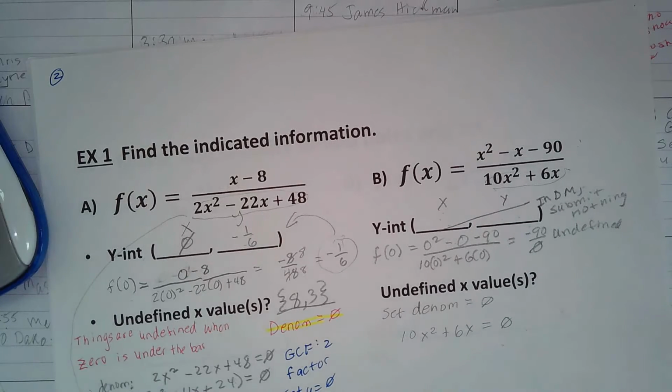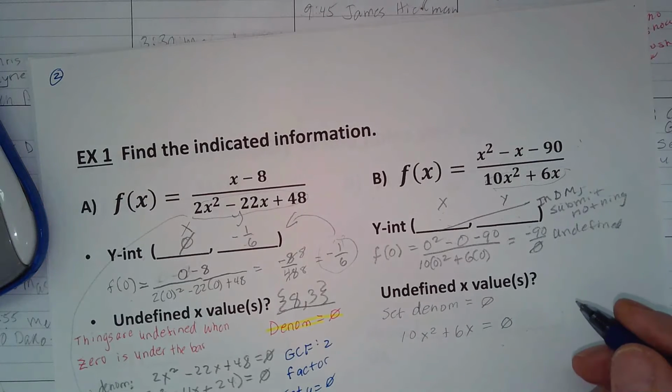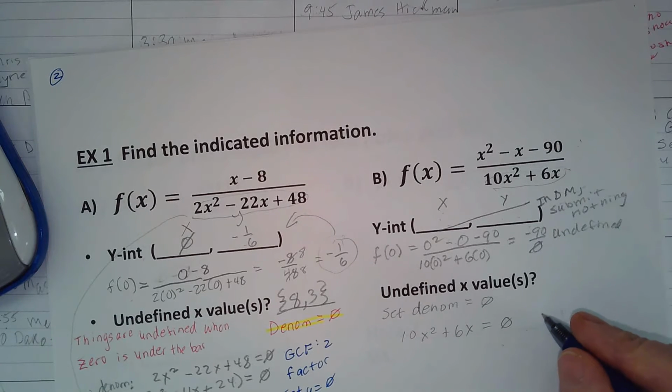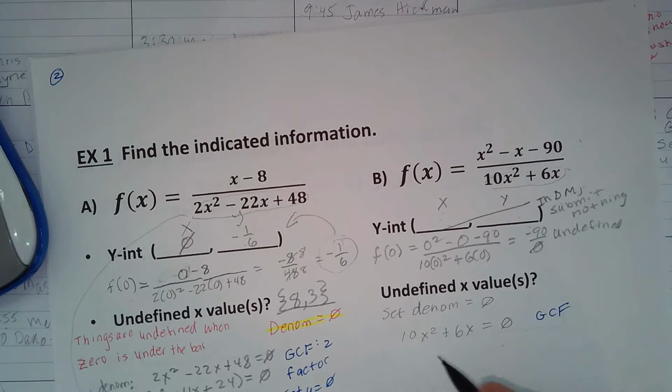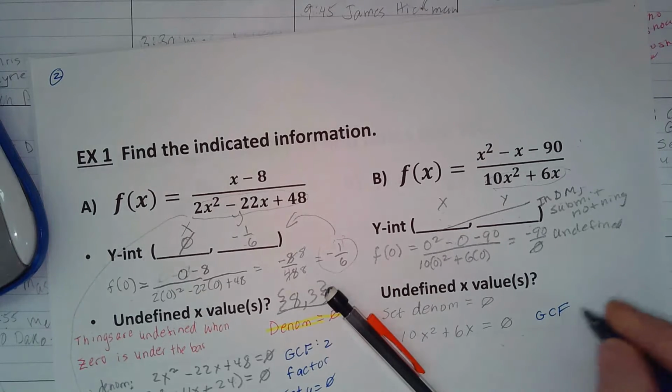Now we can take the GCF, right? So GCF this, and it looks like we can take 2x out of this. So GCF is going to be 2x.